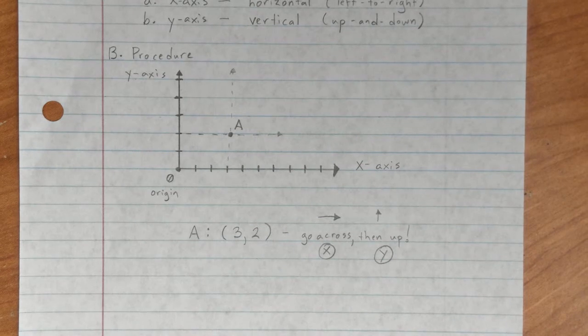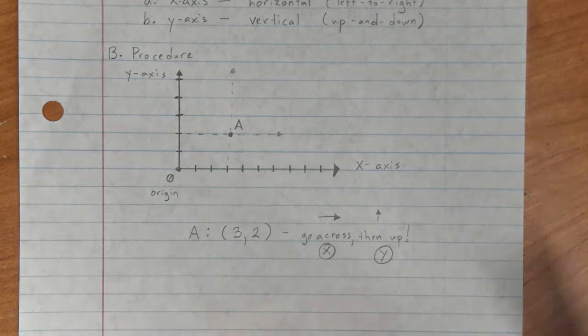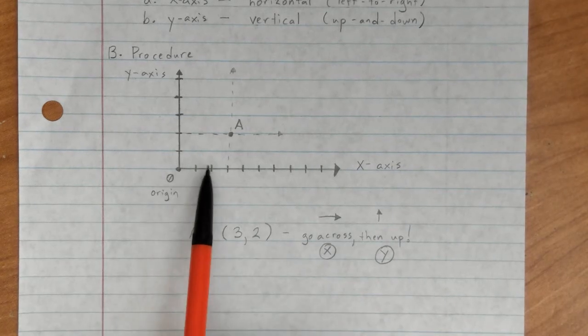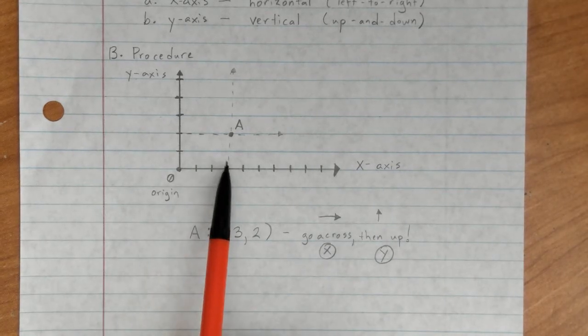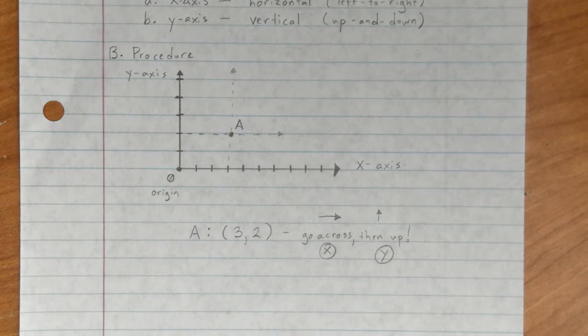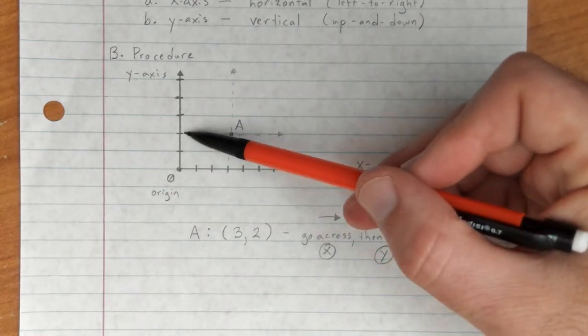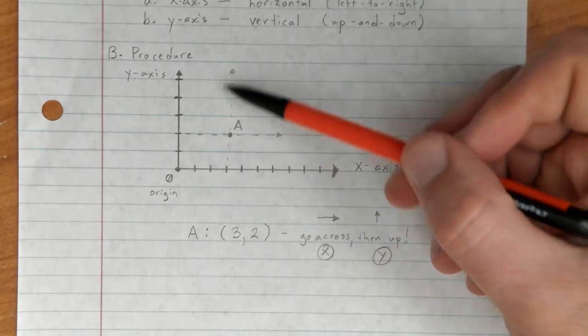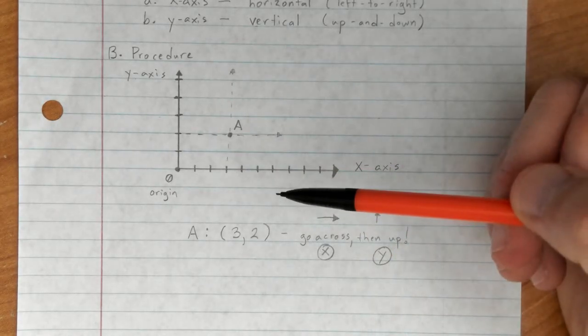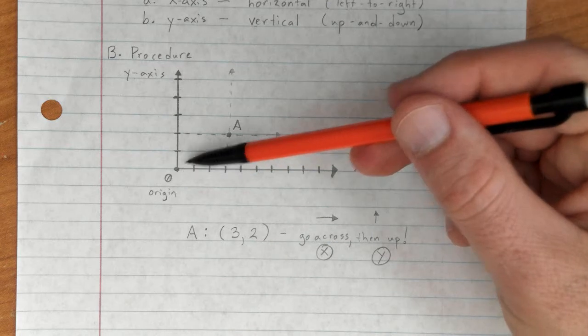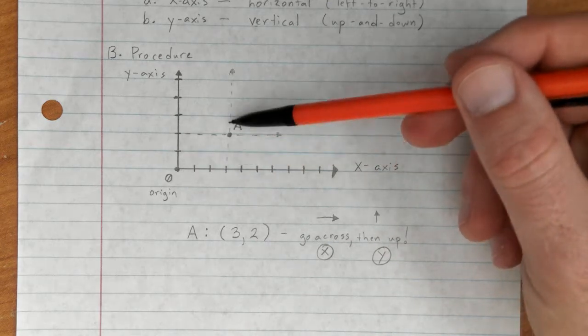That's where A goes. That is the precise location in two-dimensional space where A exists. 1, 2, 3 jumps over, and then 1, 2 jumps up. Now again, I counted from the origin, showing you it's the spot where they intersect. Most of the time you're just going to count over and then go up.